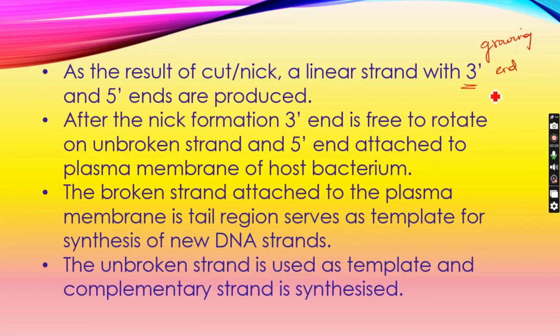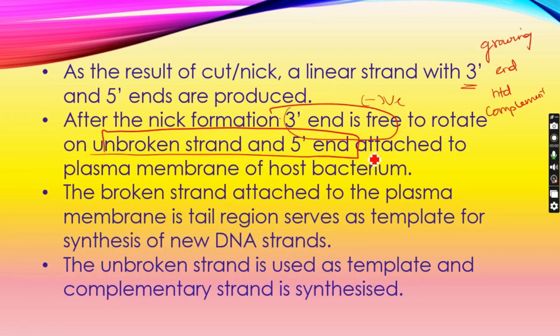Therefore, nucleotides are added that are complementary to the unbroken circular negative strand. During the nick formation, the 3' end is free to rotate. The unbroken 5' end is attached to the plasma membrane of E. coli, the host bacterium.